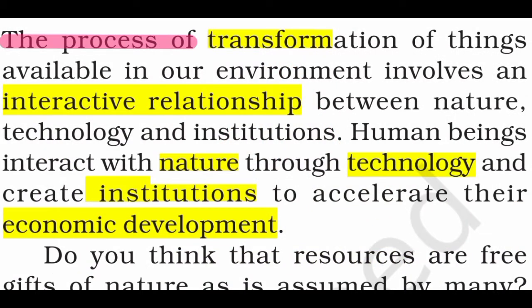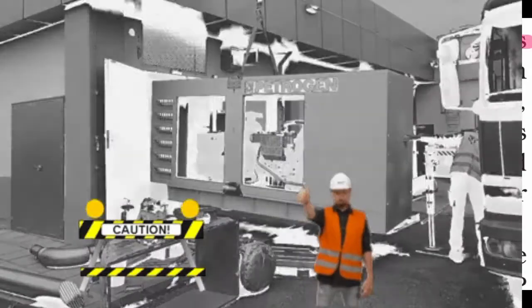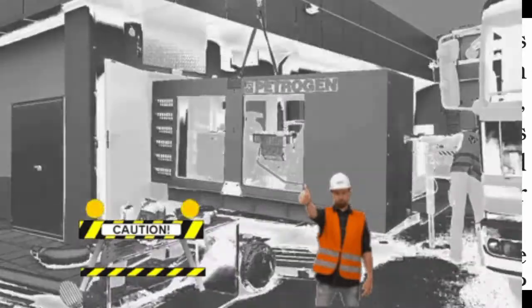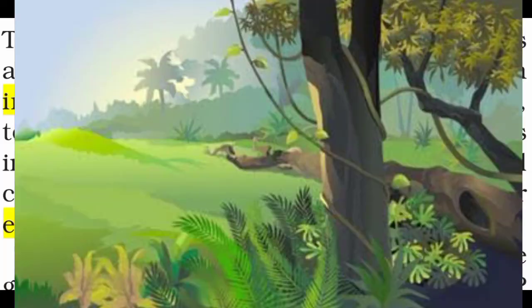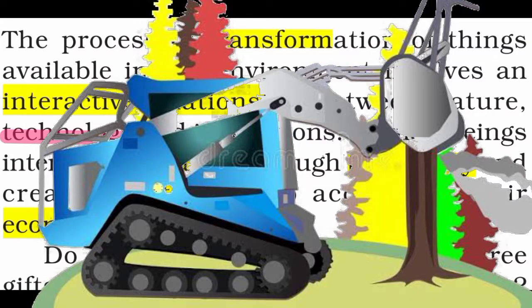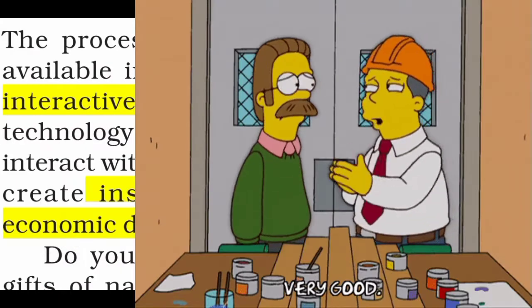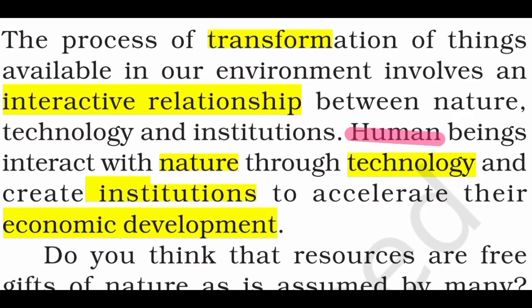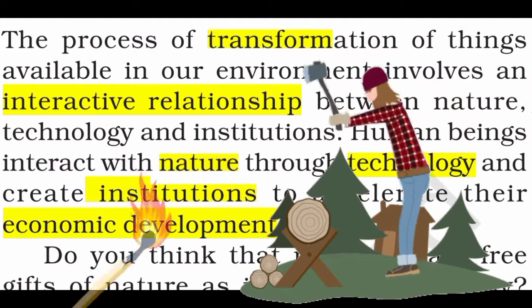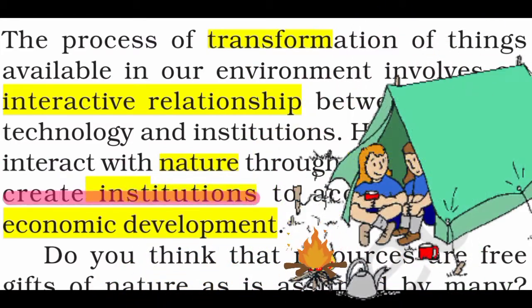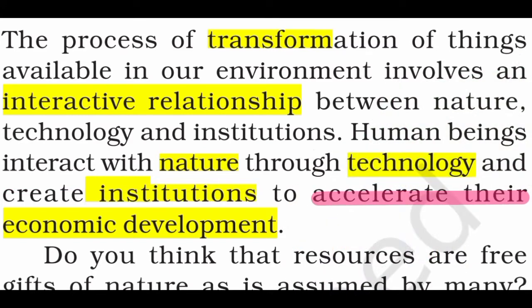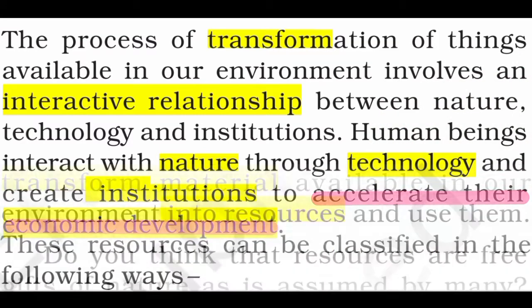The process of transformation of things available in our environment involves an interdependent relationship between nature, technology, and institutions. Human beings interact with nature through technology and create institutions to accelerate their economic development.